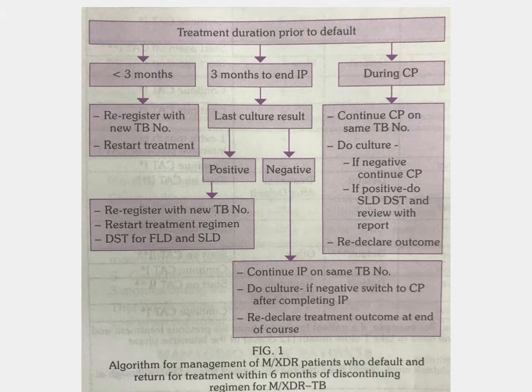Again, these are self-explanatory. The treatment duration prior to default was less than 3 months, 3 months to end of the intensive treatment phase, or during the continuation phase. And according to the outcomes, everything is decided.